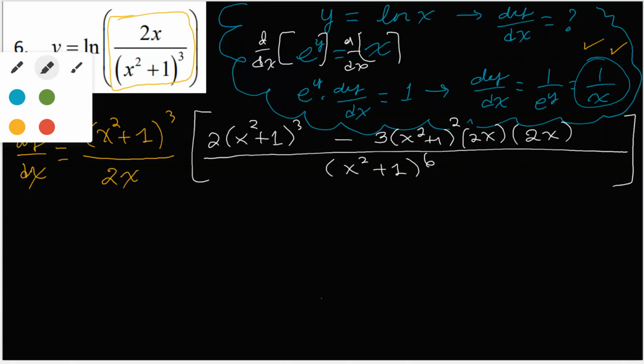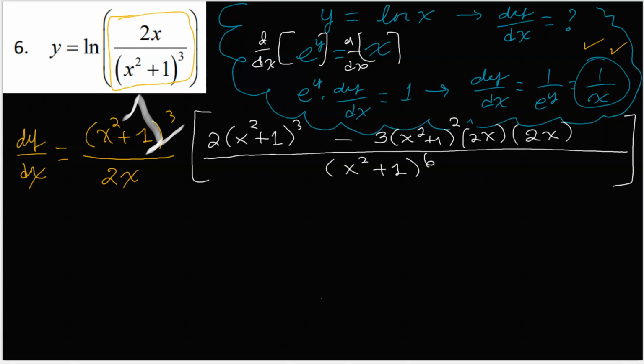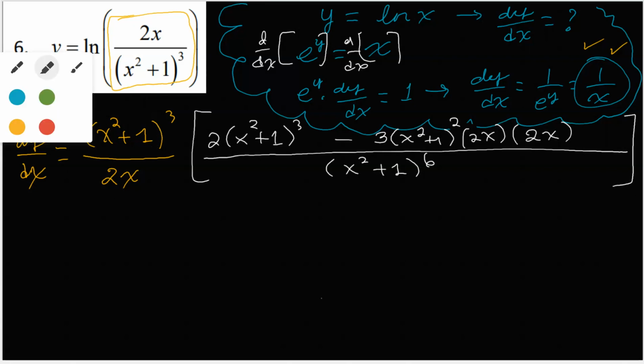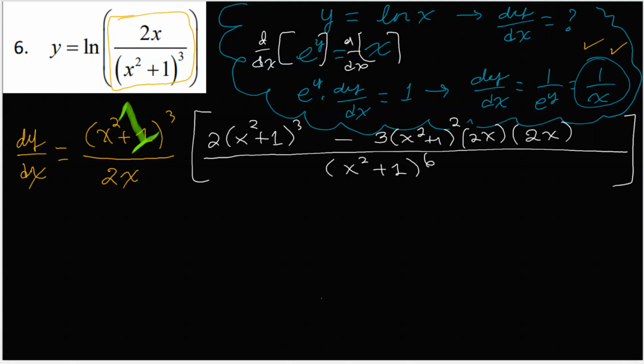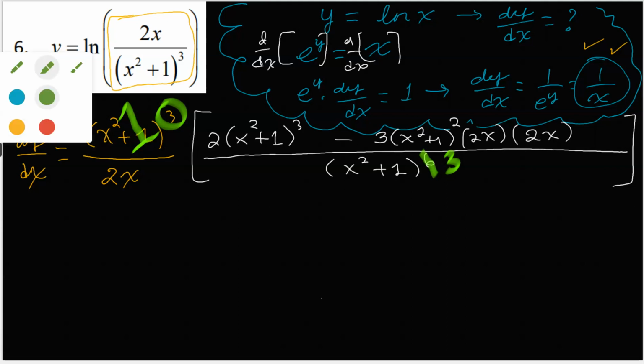At least I can say that this part right there is going to be 1, and this right here becomes to the third power because 6 minus 3 is 3, right? Then here we would go ahead and reduce and clean that up just a little bit. So I'm just going to go ahead and rewrite that here.